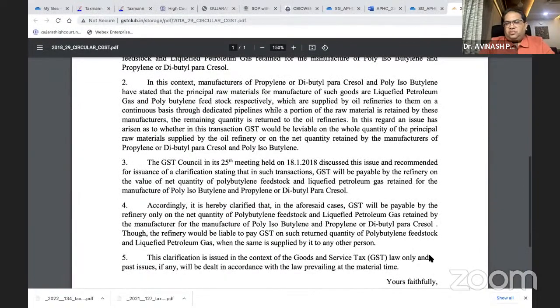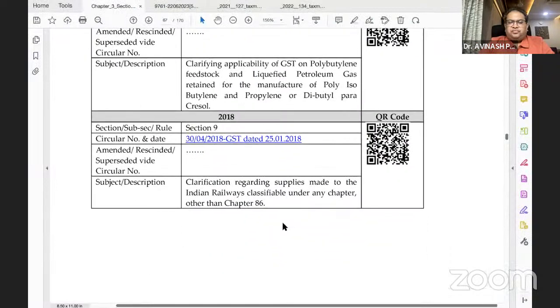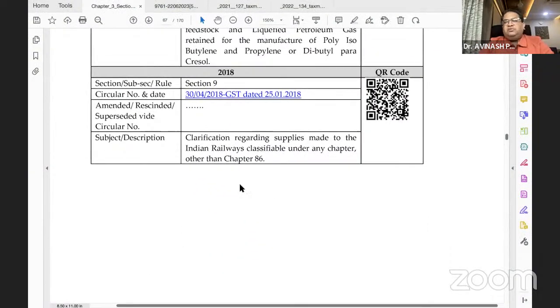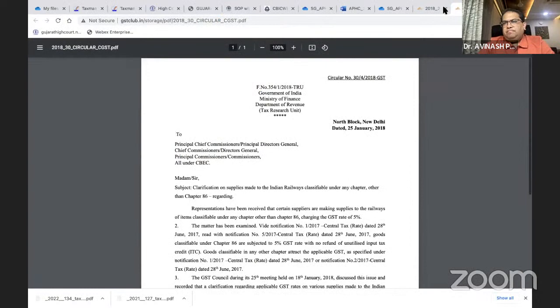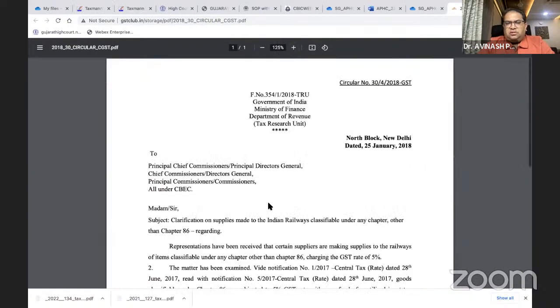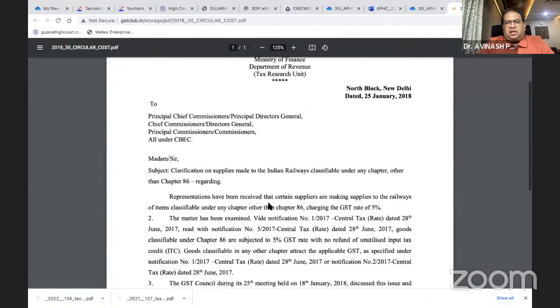So now going to the next, circular 30/2018. Let's see what is being clarified in this circular. It is a clarification on supplies made to the Indian Railways classifiable under chapters other than chapter 86.